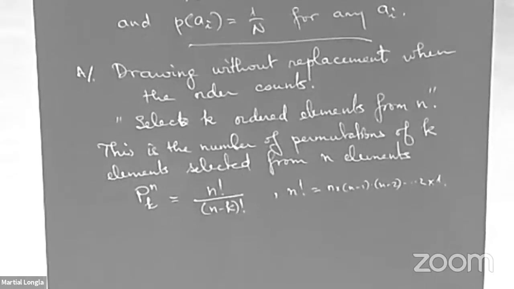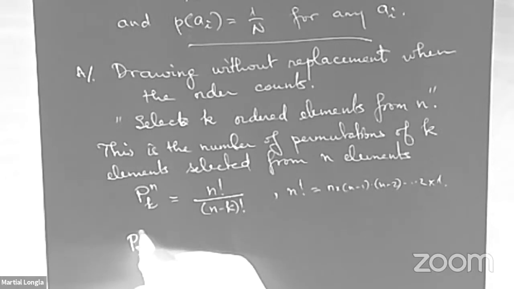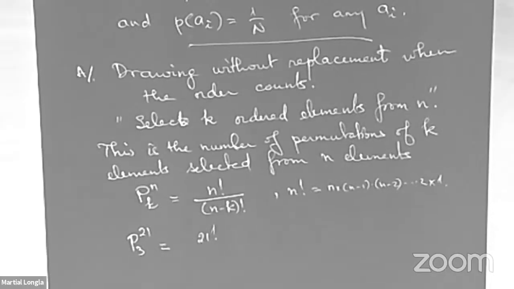So if I say get in this class where we have 21 students and select 3 students without replacement and the order matters, selecting 3 out of 21 would be 21 factorial divided by 21 minus 3 factorial, which is 21 factorial over 18 factorial.